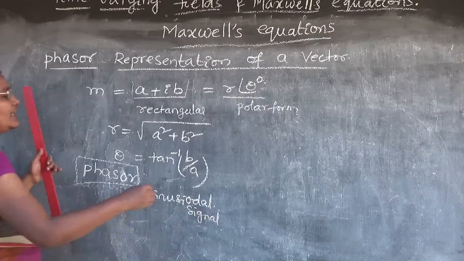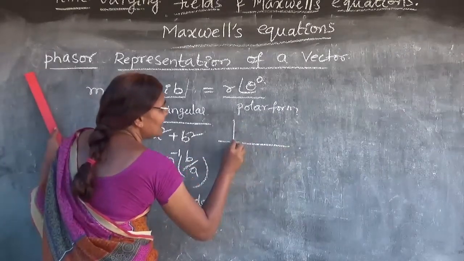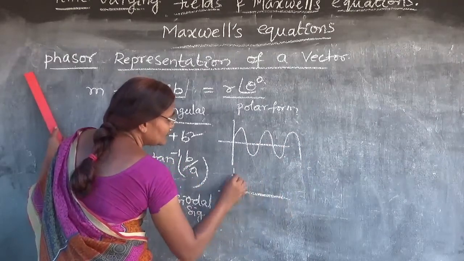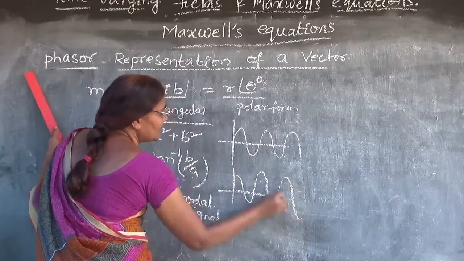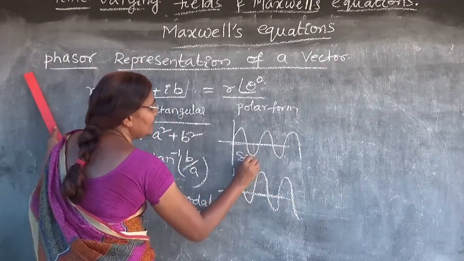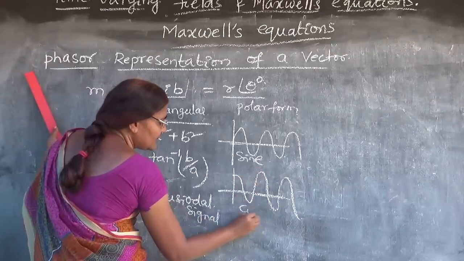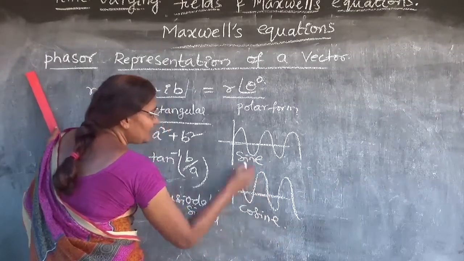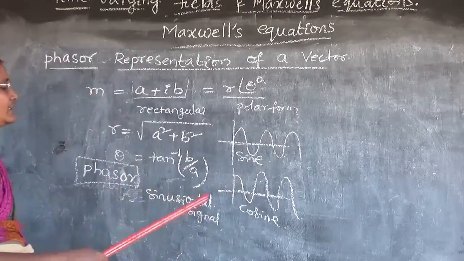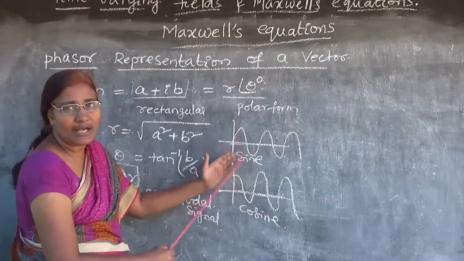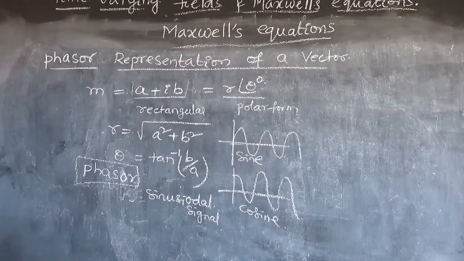You know that these are the sinusoidal signals. Here this is the sine wave, a sine function, and this is the cosine function. Periodic signals of this nature, either cosine wave or sine wave, are called sinusoidal signals.